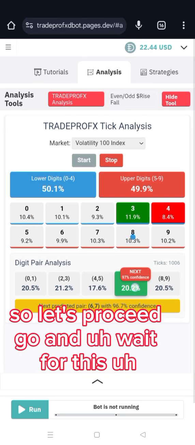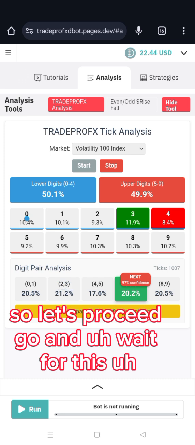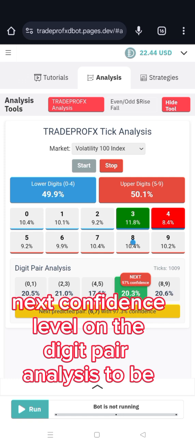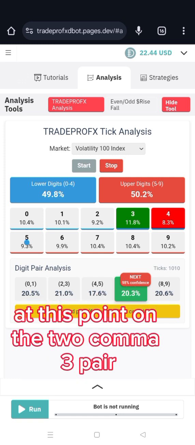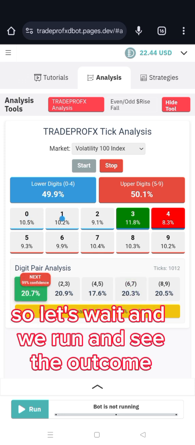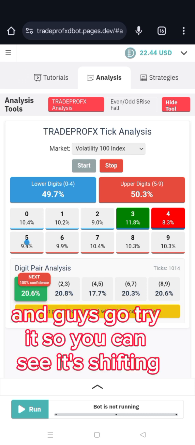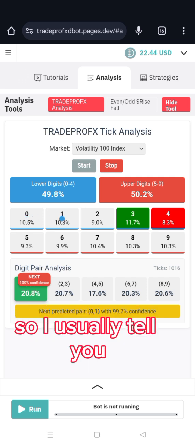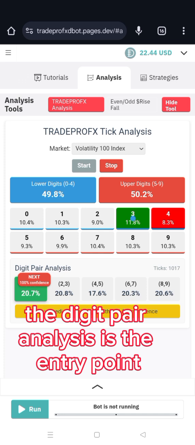So let's proceed, go and wait for this next confidence level on the digit pair analysis to be at this point on the 2,3 pair. So let's wait, and we run and see the outcome. And guys, go try it, so you can see it's shifting. So I usually tell you the digit pair analysis is the entry point.